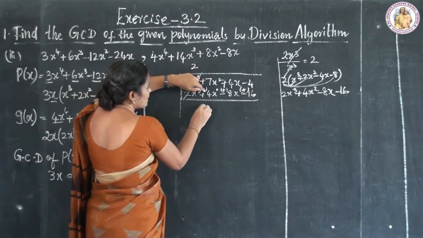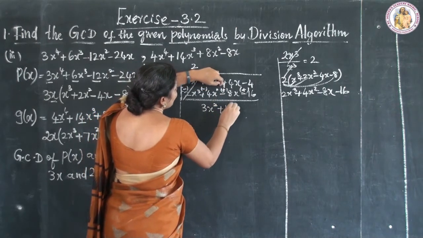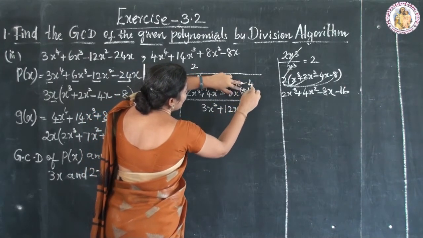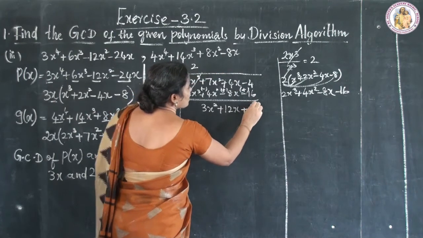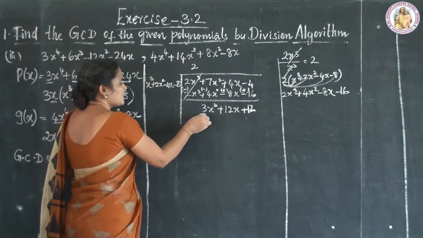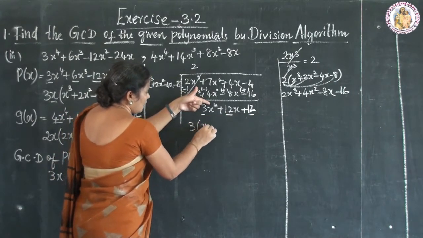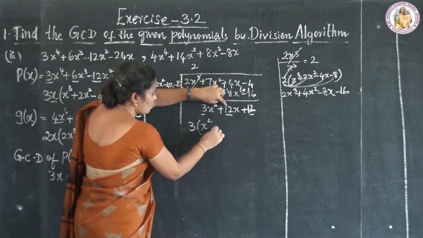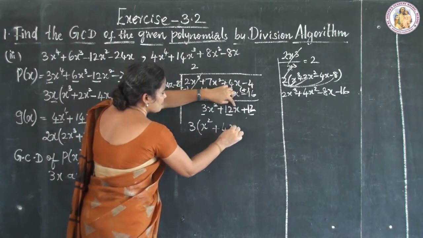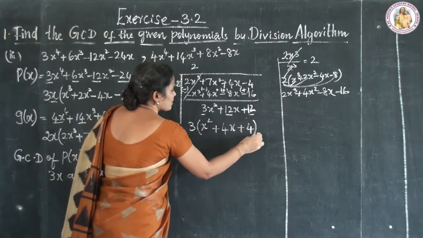7 minus 4, 3x square. Same sign plus 12x. And different sign plus 12. Here you can see the common multiple, that is 3 x square. 3 4s are 12 x plus 3 4s are 12.